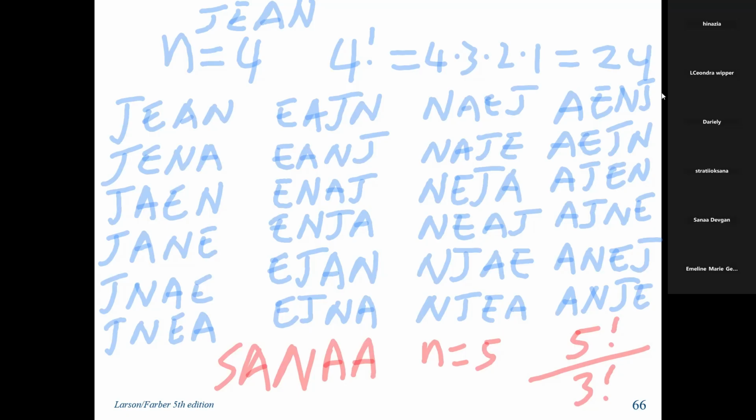All right. My last name, Phanor, 6 letters, that gives you 720 different ways. My last name, no letter repeats. Yeah. All right. Good.